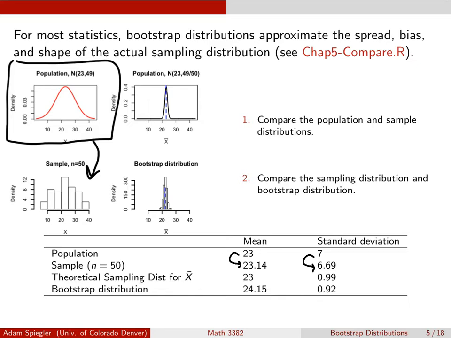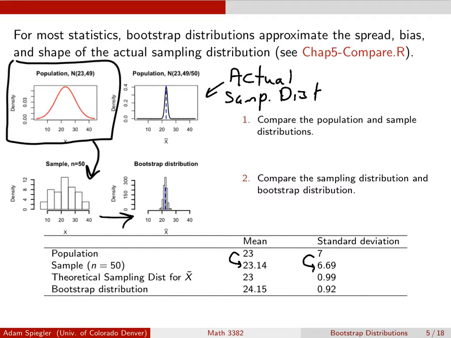The two rightmost histograms, or distributions, that we're looking at over here, this is the actual sampling distribution. And on the bottom is a bootstrap distribution.